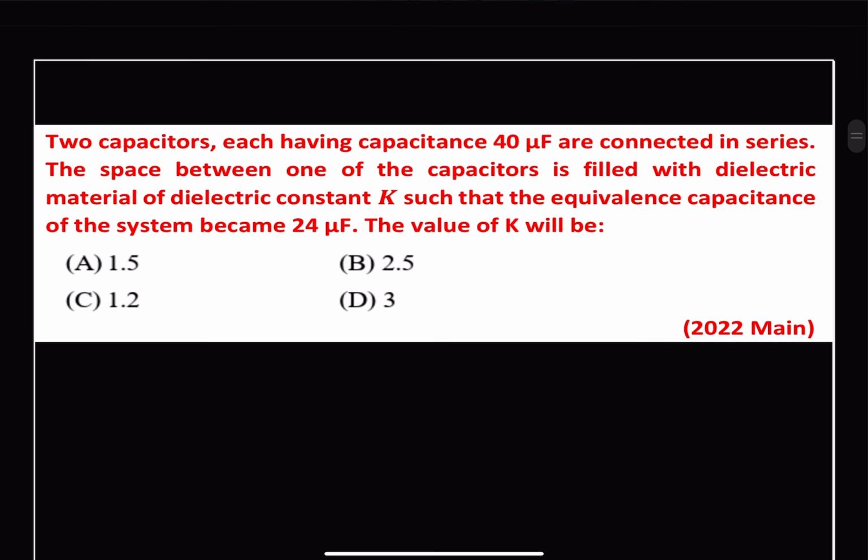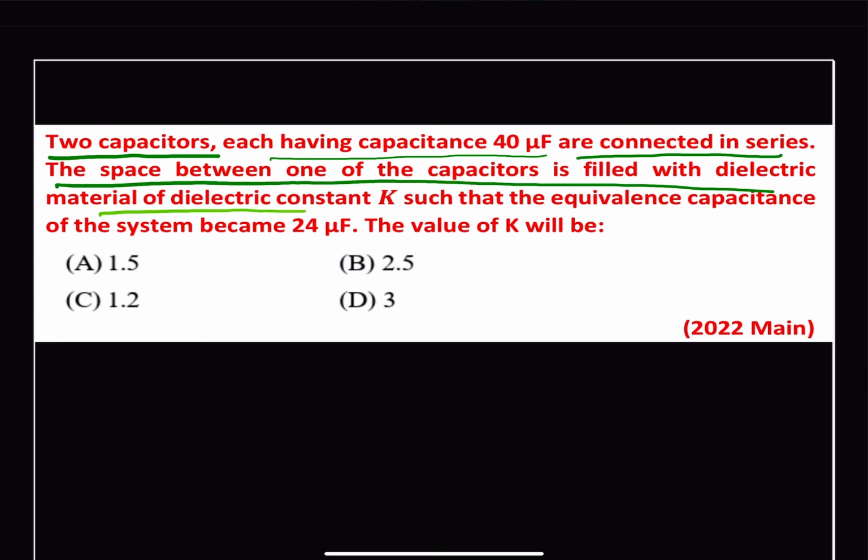Given two capacitors each having capacitance 40 microfarad are connected in series, the space between one of the capacitors is filled with dielectric material of dielectric constant K such that the equivalent capacitance of the system becomes 24 microfarad. The value of K is?